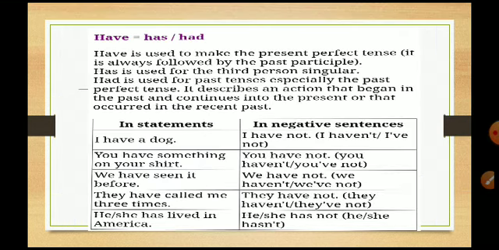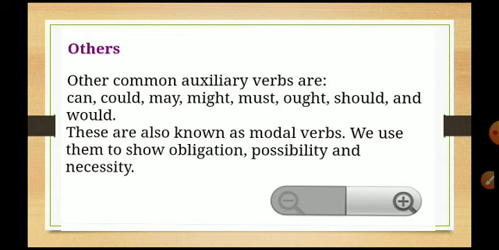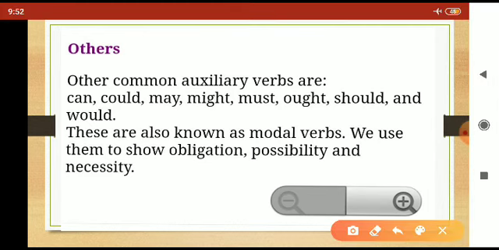Now others, we see that some other auxiliary verbs, as we say can, could, may, might, must, ought, should, and would. These are some other auxiliary verbs. They're also known as modal verbs when you discuss modals.